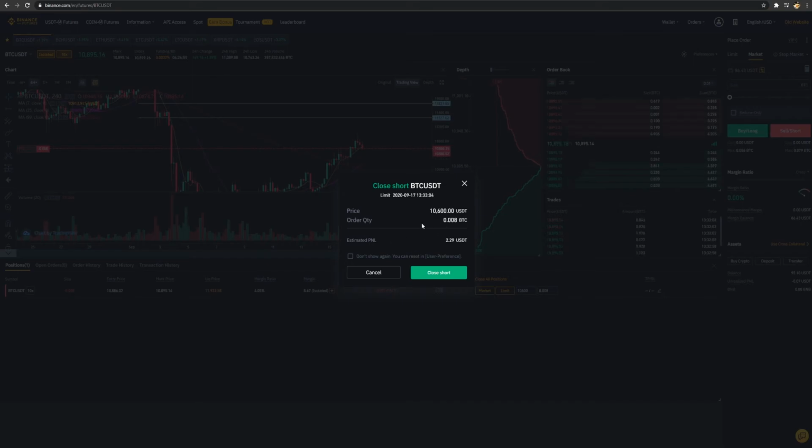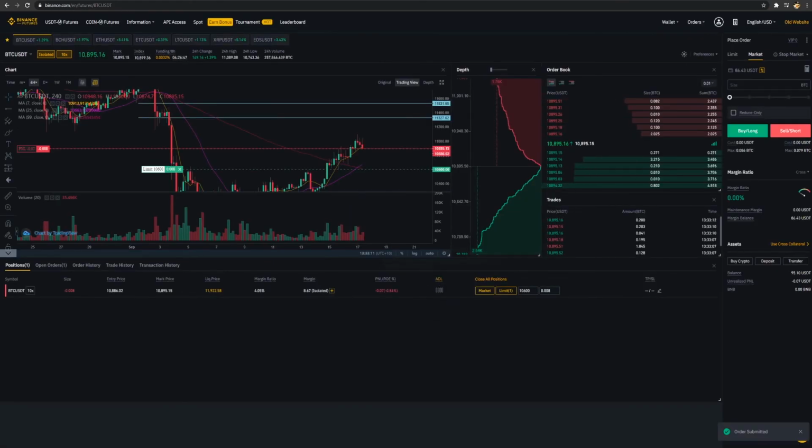Our order quantity will be 0.008 BTC, and our estimated profit will be 2.29 USDT. So if this comes down and hits our price at 10,600, we will get about a 2.27 USDT profit. That just makes it a little bit easier to work out.